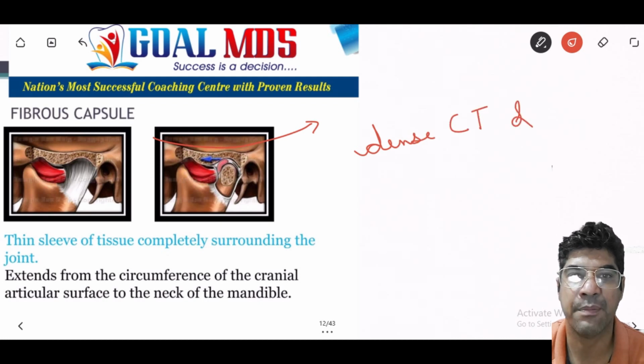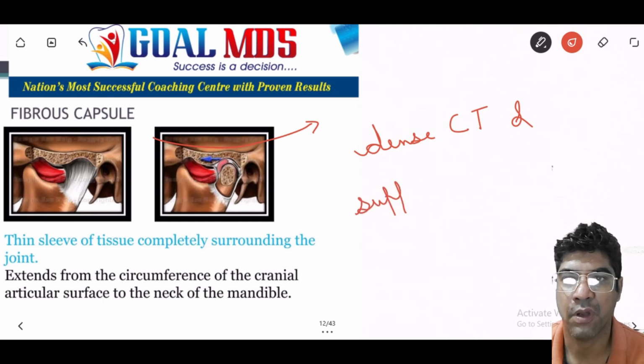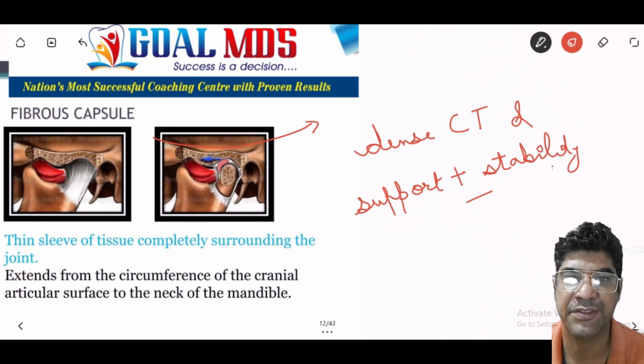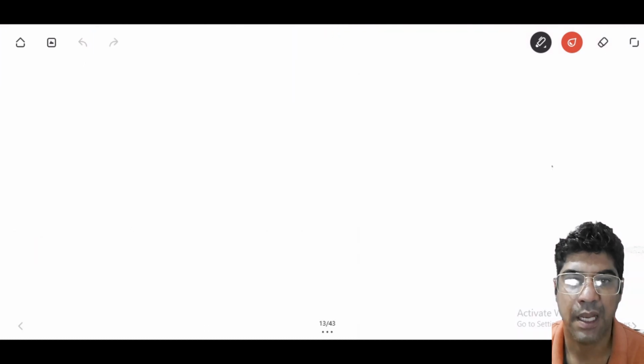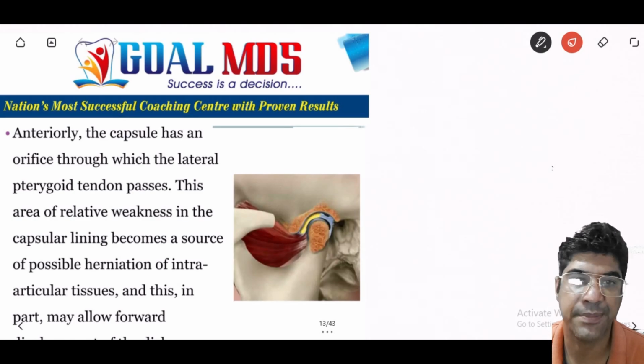Now let us discuss the fibrous capsule. Remember, this fibrous capsule is made up of dense connective tissue and it provides support and stability. Sometimes in the anterior part of the TMJ capsule, you will see a small opening.